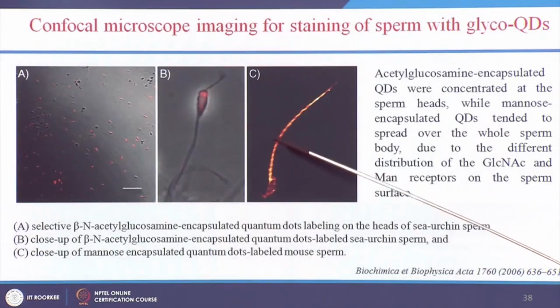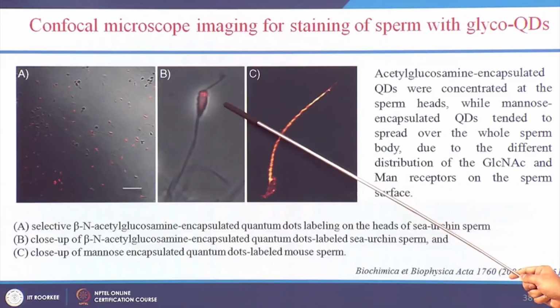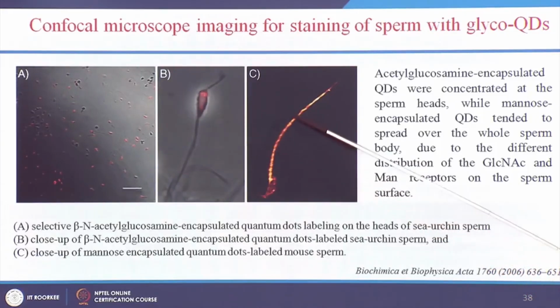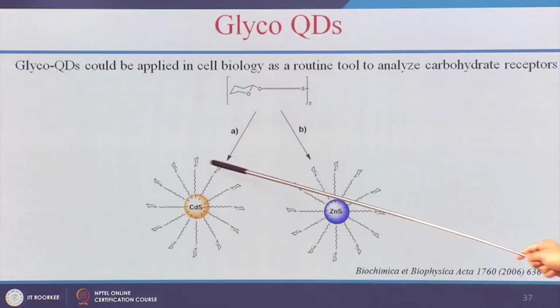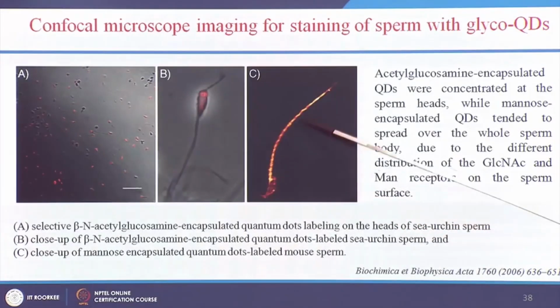This is a sperm, and this sperm has different kinds of sugar receptors on the head region and different kinds of sugar receptors on the tail region. So when you use quantum dots coated with different sugars, we can easily study the different kinds of cells.